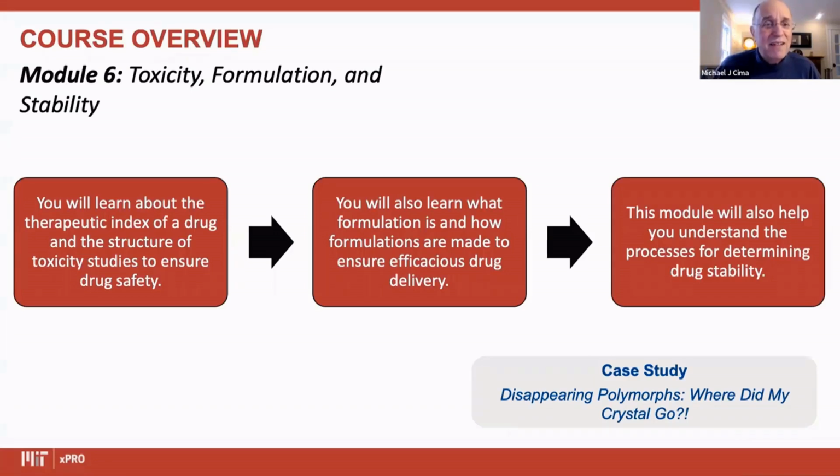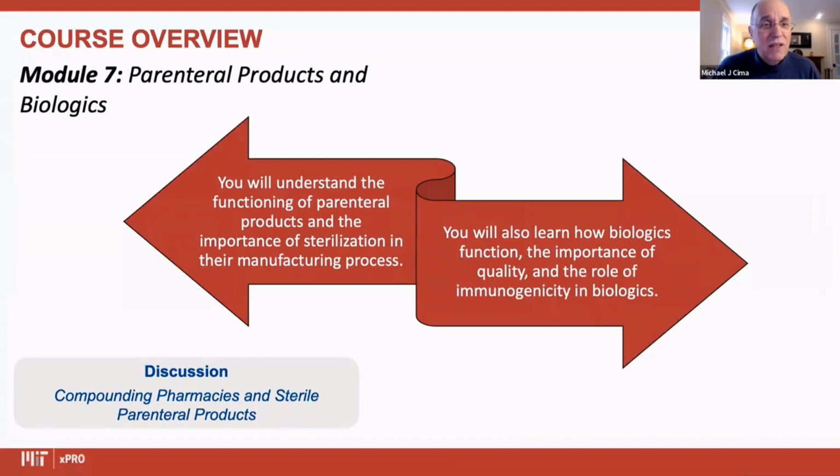And the last week is on parenteral products and biologics, which are a special class. Let's face it, if you look at the pharmaceutical industry by dollar value, parenteral products, particularly biologics, are the largest part of the pharma industry today.